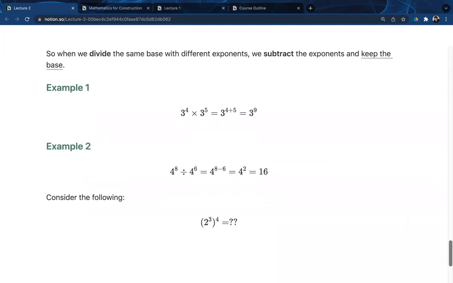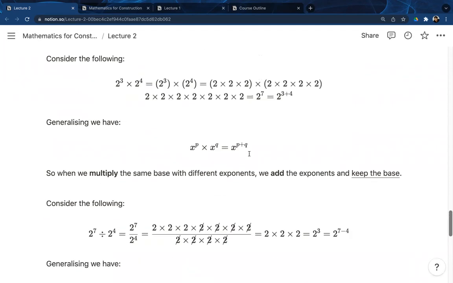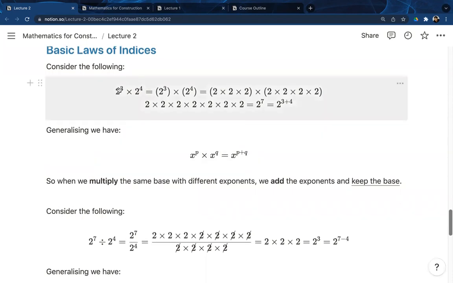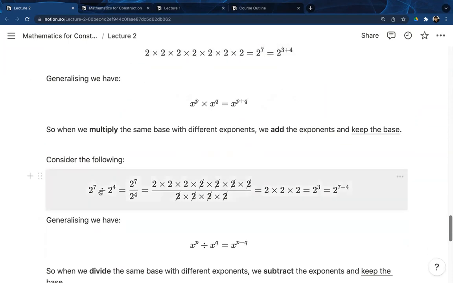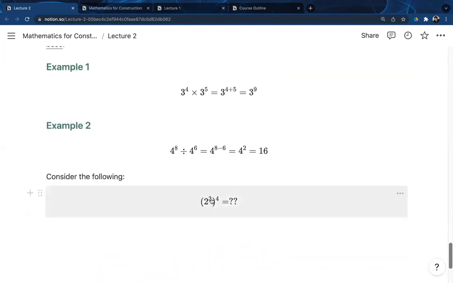So I have this new situation now where before I had 2 things, right? Before I was either multiplying 2 things or I was dividing 2 things, right? Now I have 1 thing alone, 1 base to a power, and I'm raising it to another power.